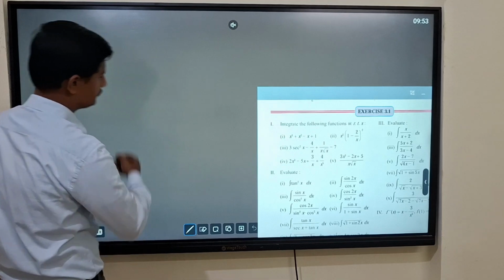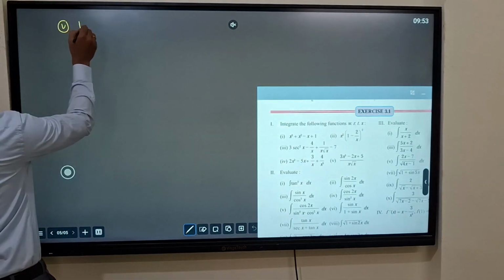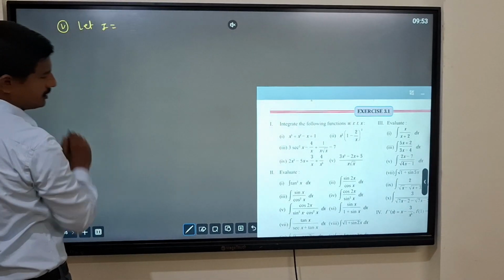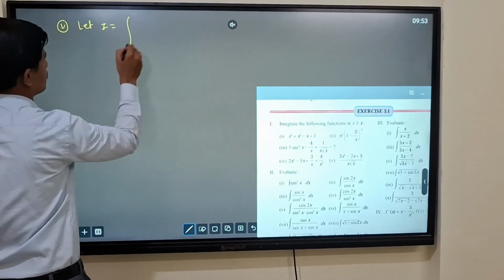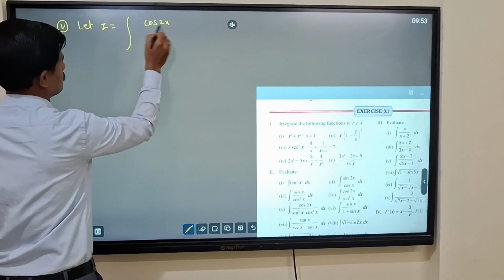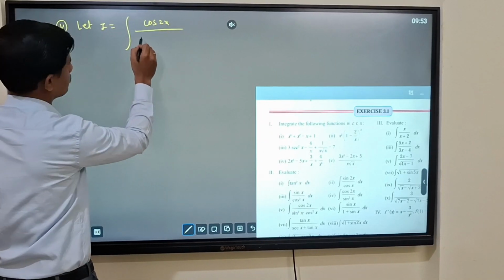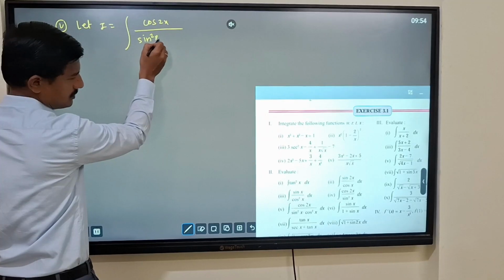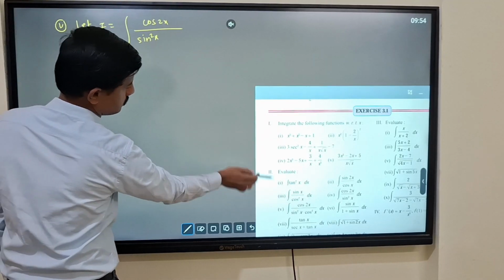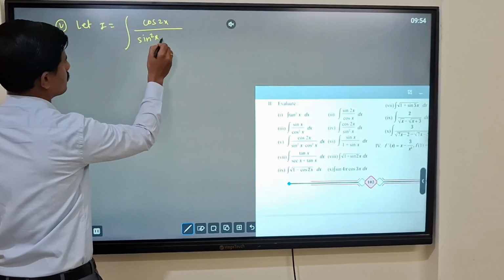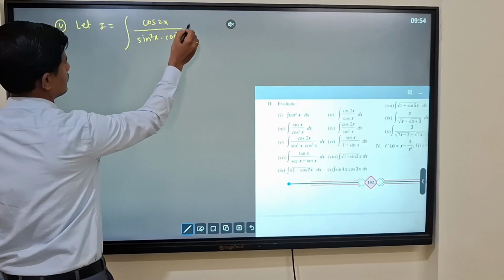Now the fifth one, let I equal to integration of cos 2x upon sin square x into cos square x dx.